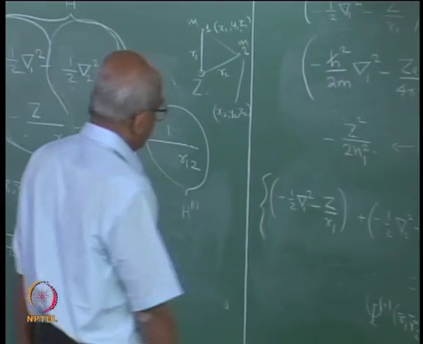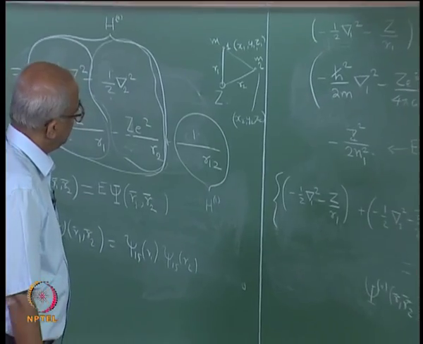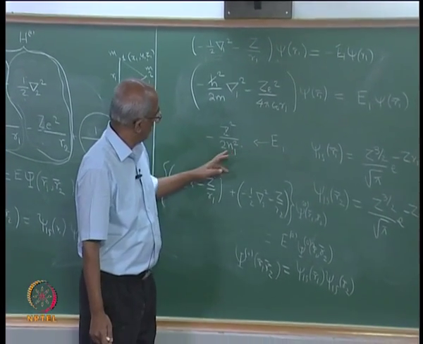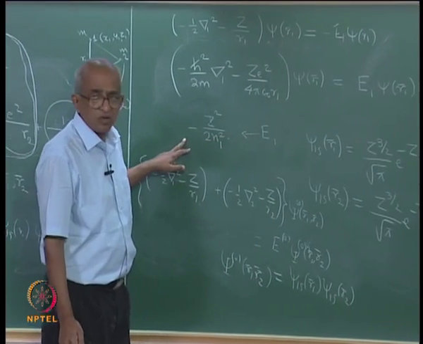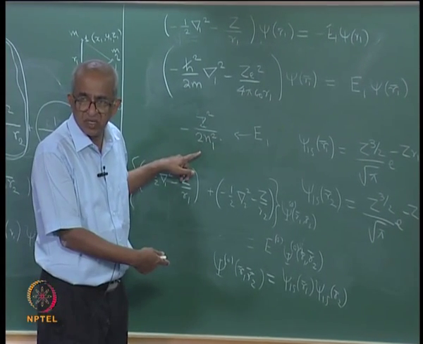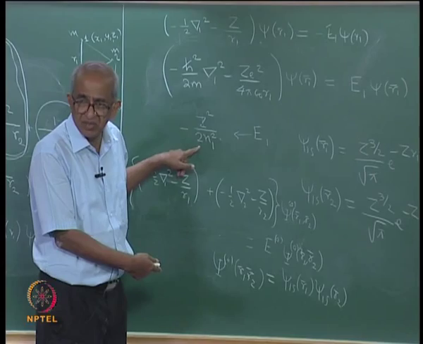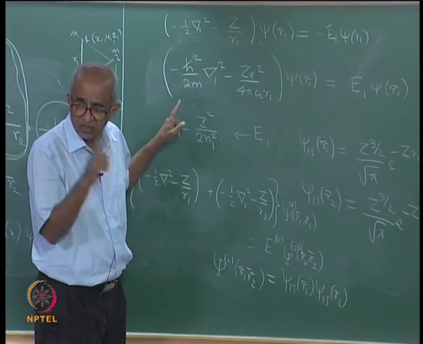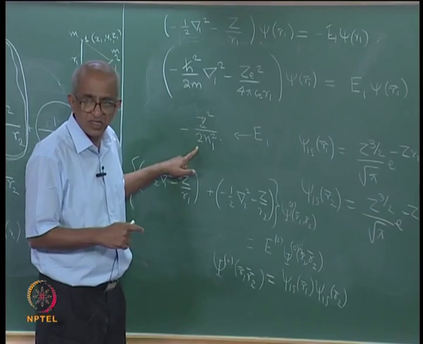Each electron has how much energy? Well, we remember we are working in atomic units. This is the expression for energy in atomic units, but in this particular problem both electrons have the quantum number n equal to 1, and therefore the energy of the first electron will be minus Z square by 2.